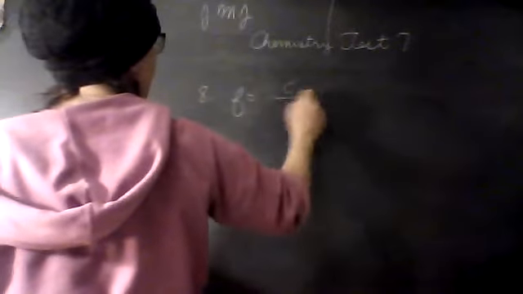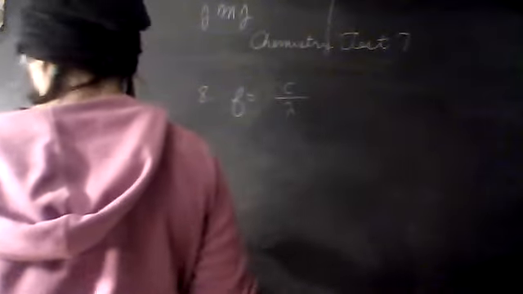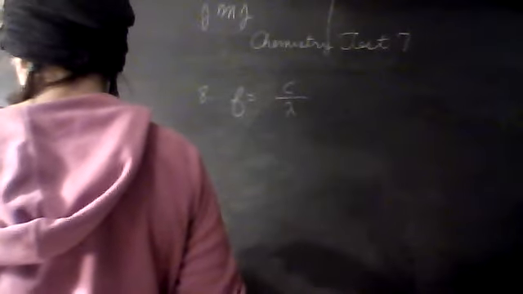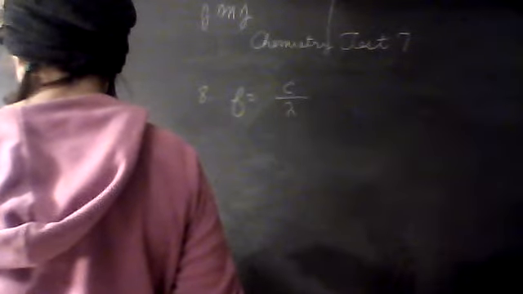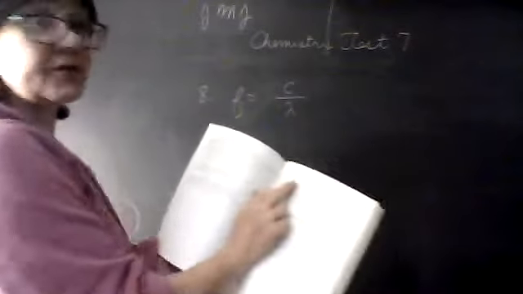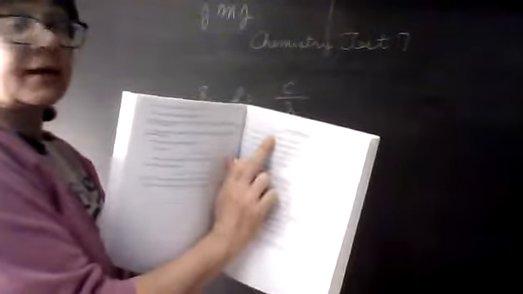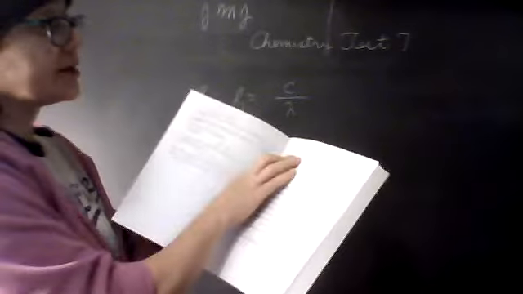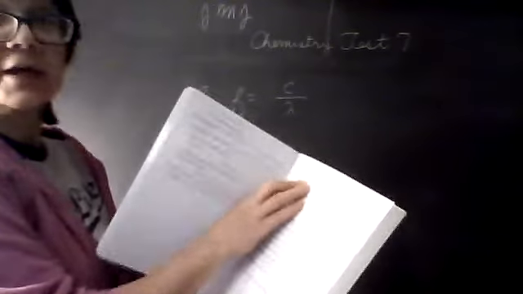Frequency equals the speed of light divided by the wavelength. The speed of light is defined for us at the top of the test: 3.0 times 10 to the 8th meters per second.